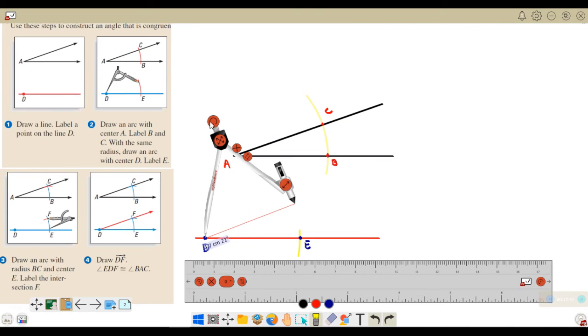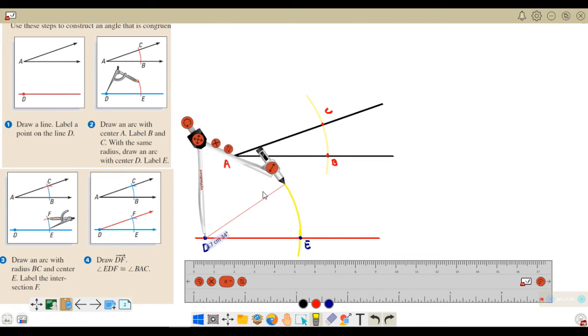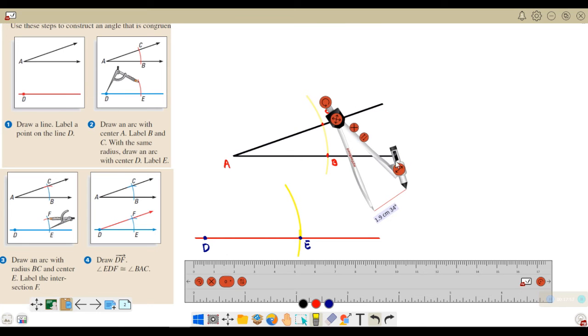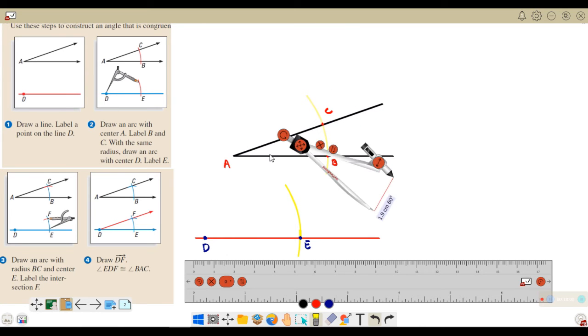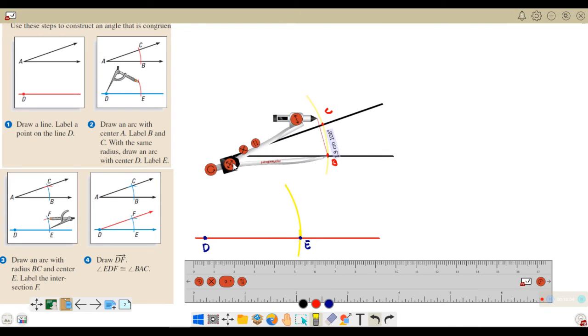Hindi kasi siya aabutin. Yan. Extend lang natin siya ng konti. Siguro enough na to. So that it will cover the arc na same ang measurement with BC. Ayan. Ito yung measurement from B and C, right?